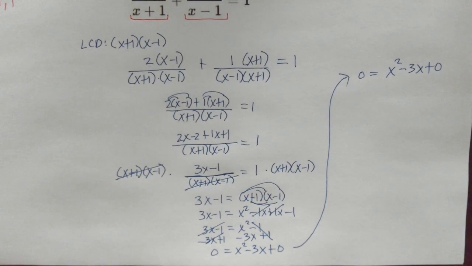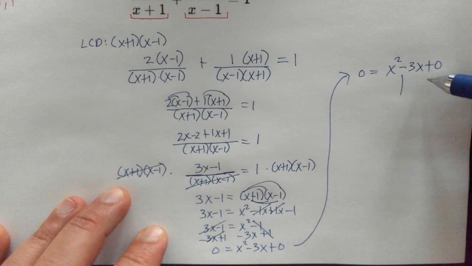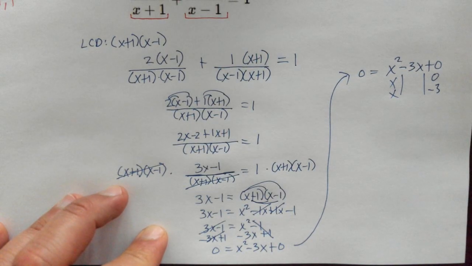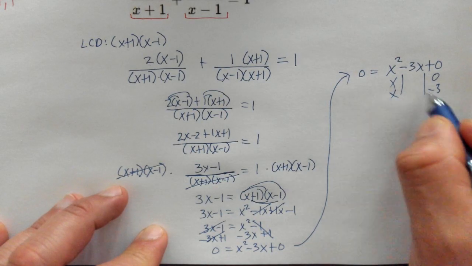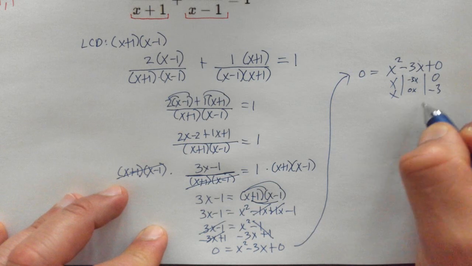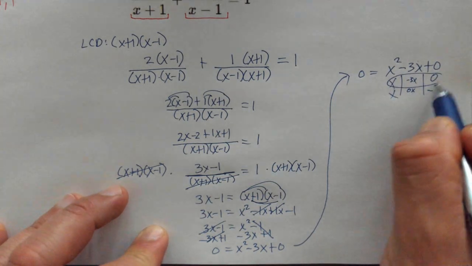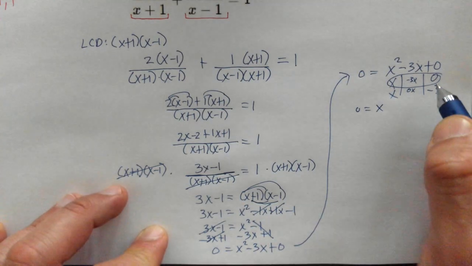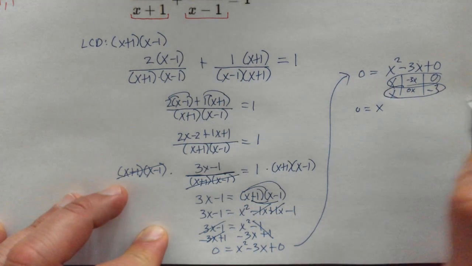What are my factors going to be here? Well, I can go about it using this method, x times x, and 0 times negative 3. Yeah, this gives me negative 3x, 0x, that definitely adds up. So my factors are x plus 0, or just x, right, times x minus 3.